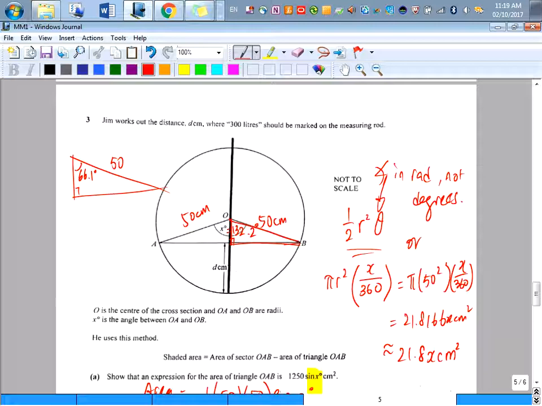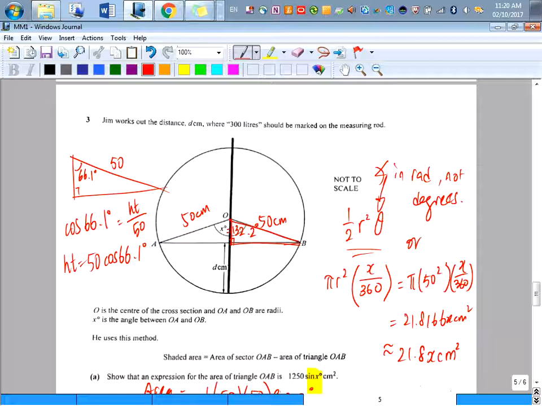You might be thinking, cosine 66.1 degrees equals adjacent over hypotenuse. So let's call this the height, divided by 50. Then I can find the value of height, which is 50 cosine 66.1 degrees. I'm not going to evaluate it yet because I don't want to have so many decimal places and make any rounding errors.